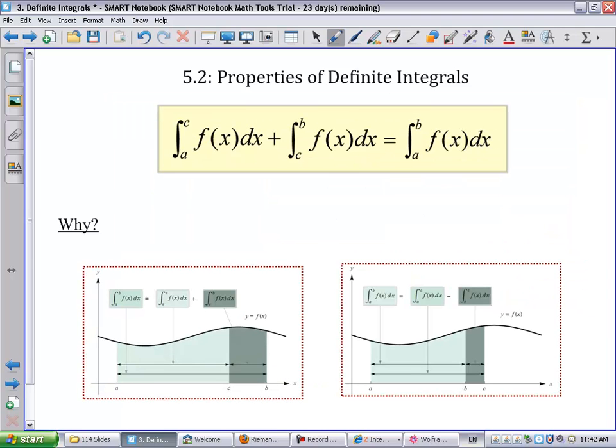Okay. Now this one's a little bit weird. This one says if you're integrating two regions that touch at C, then you might as well just integrate it as one big region. So let's look at the pictures here.